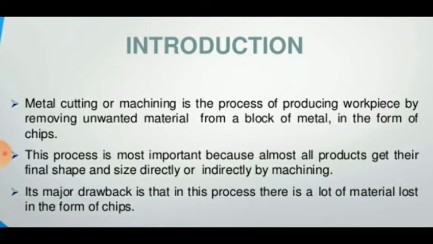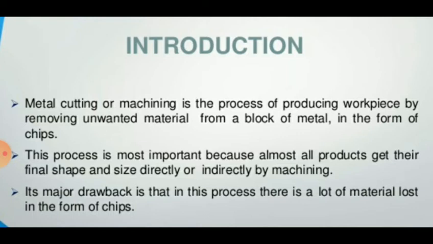But its major drawback is that in this process there is a lot of material lost in the form of chips. In spite of this drawback, the machining process has different features. First, it improves the dimensional accuracy and tolerances of components produced by other processes.